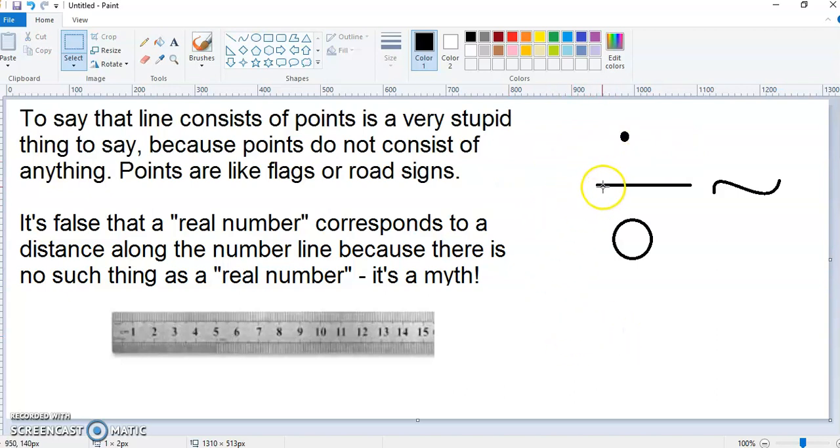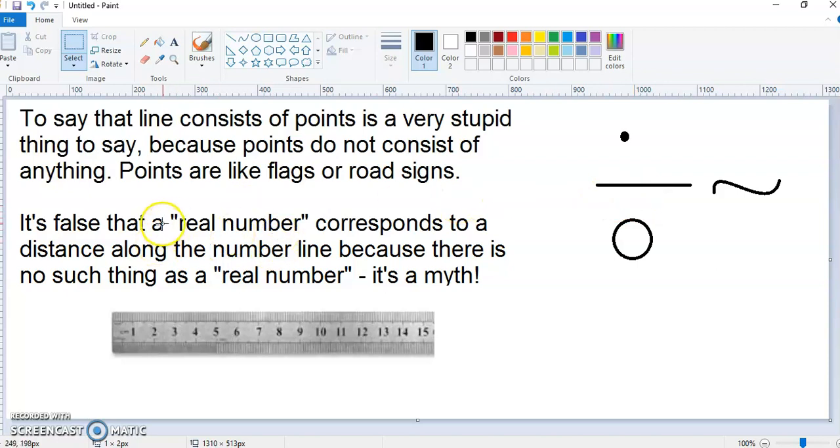And of course, you cannot say that a line consists of points, because that's like saying a line consists of nothing, which is totally garbage, because the main attribute of a line is distance. So what do we mean when we say points along a line? Well, we mean a location along a line, or a distance in two-dimensional or three-dimensional space. Okay, we talk about distances. That's what we mean when we say points, right?